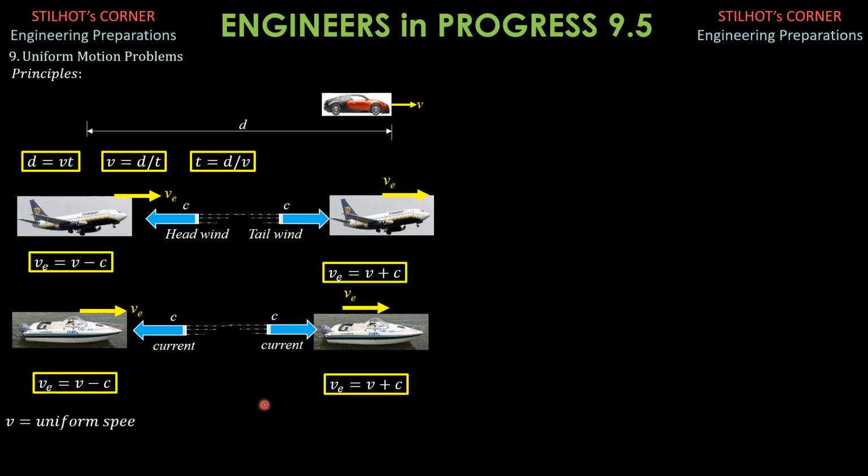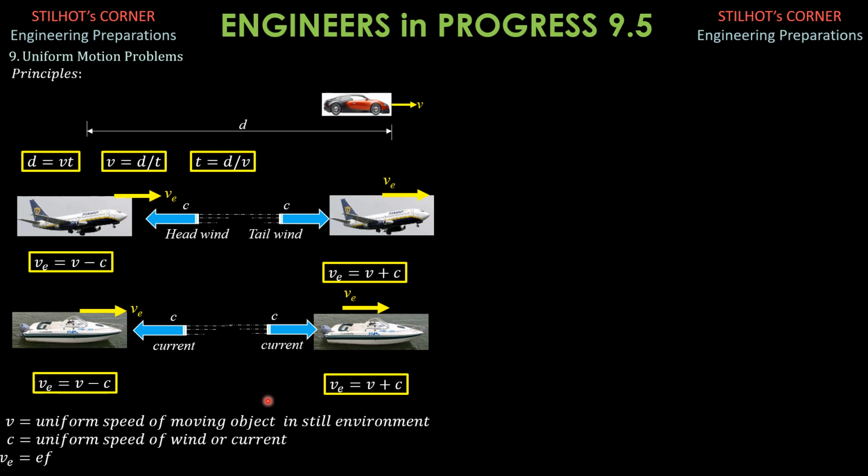So v is the uniform speed of the moving object in still environment, c is the uniform speed of wind or current, and then we get the effective speed of the moving object.